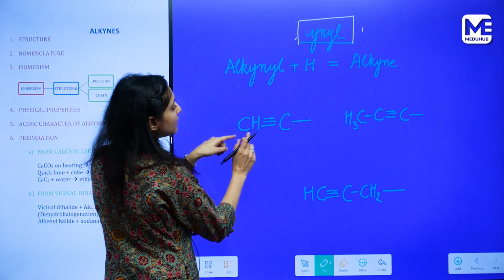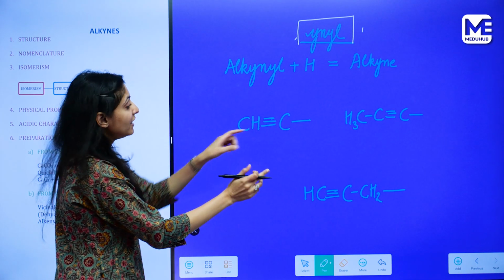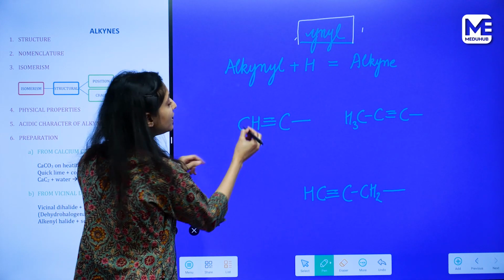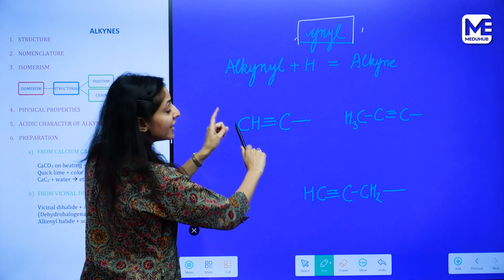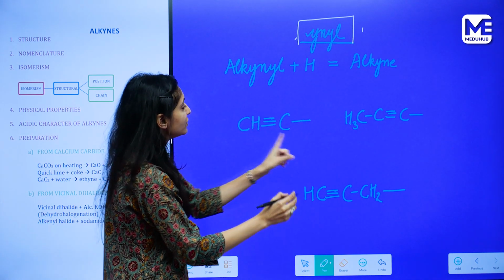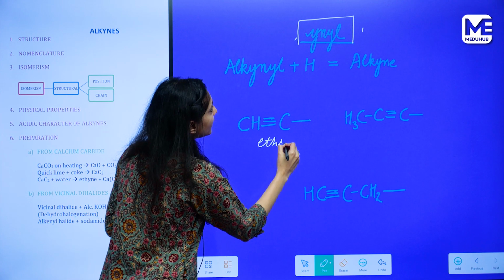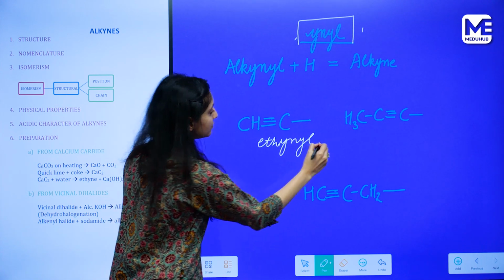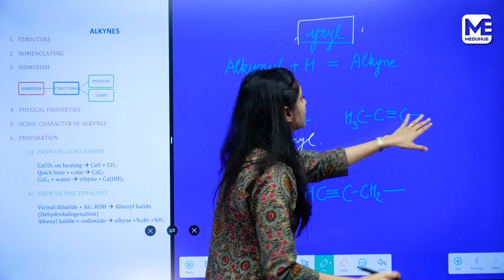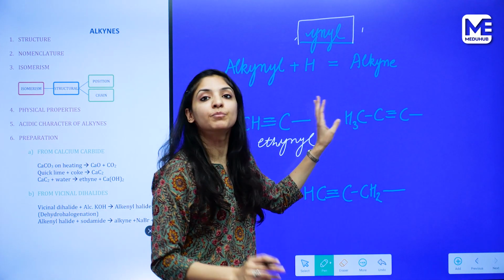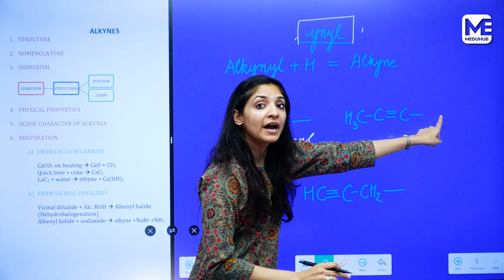Take this example. The parent alkyne of this one will be an ethyne molecule, CH triple bond CH. But if we remove a hydrogen, we will get this group which will be called an ethynyl group. Right? Here, the parent hydrocarbon is propyne, but we have removed the hydrogen from here.